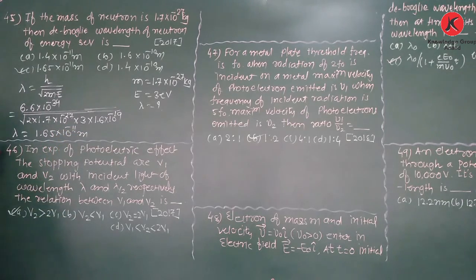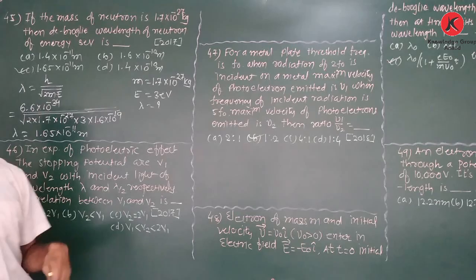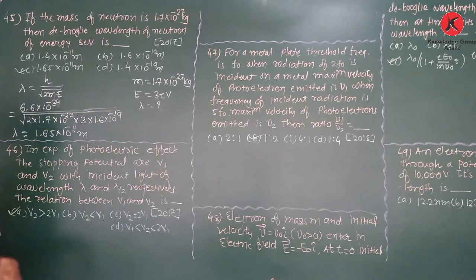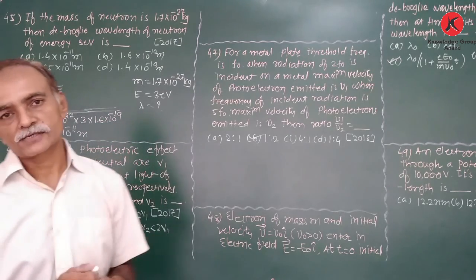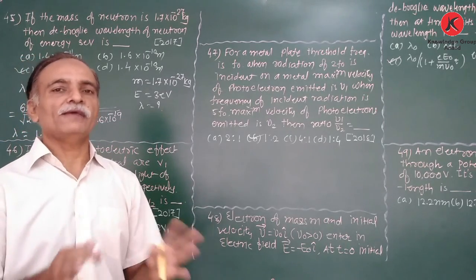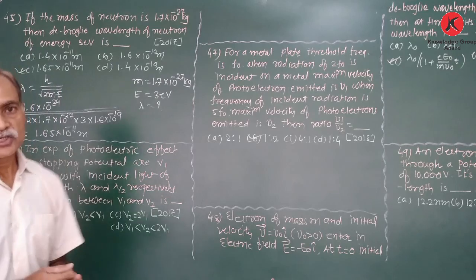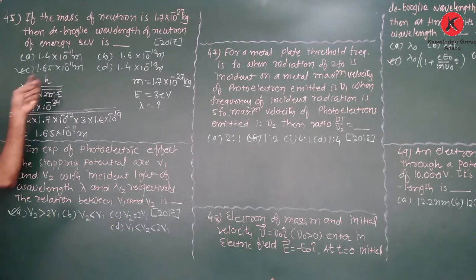Again, the mass of the neutron is given as 1.7 into 10 to the power minus 27 and the energy of the neutron is given as 3 electron volt. What is the de Broglie wavelength of the neutron? We know the equation lambda is equal to h upon under root of 2mE.